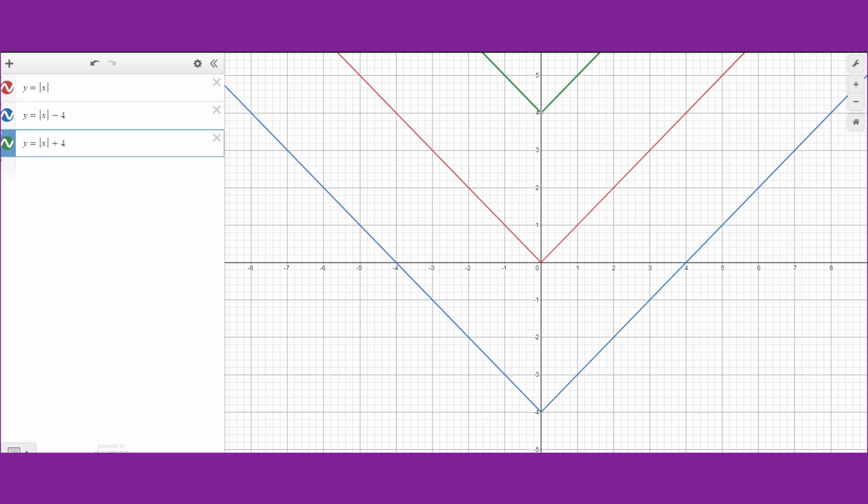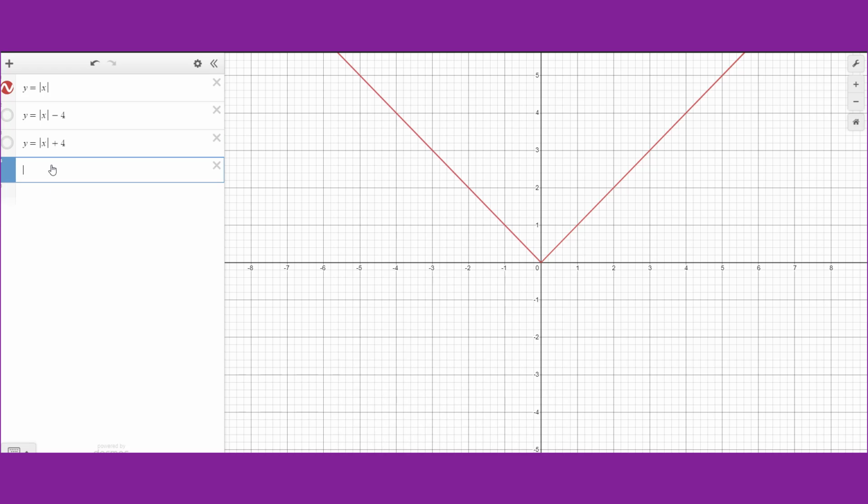So let's look to see what happens from the parent function to cause a horizontal translation. To get a horizontal translation, I'm going to have that parent function y equals, and I want you to play around when you get a chance, the absolute value of x minus 4.